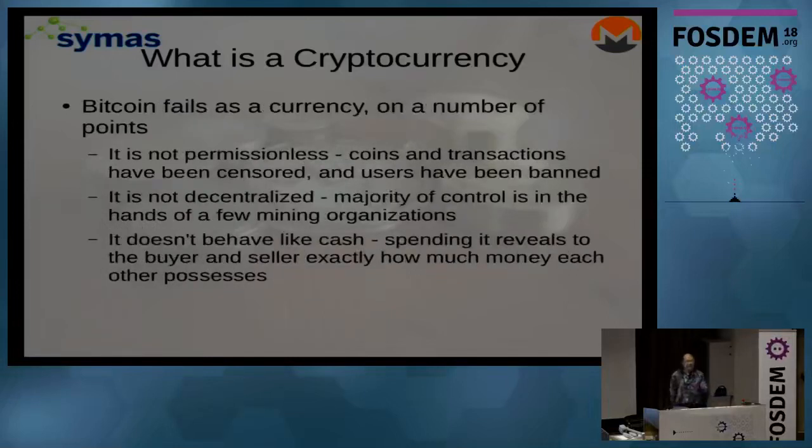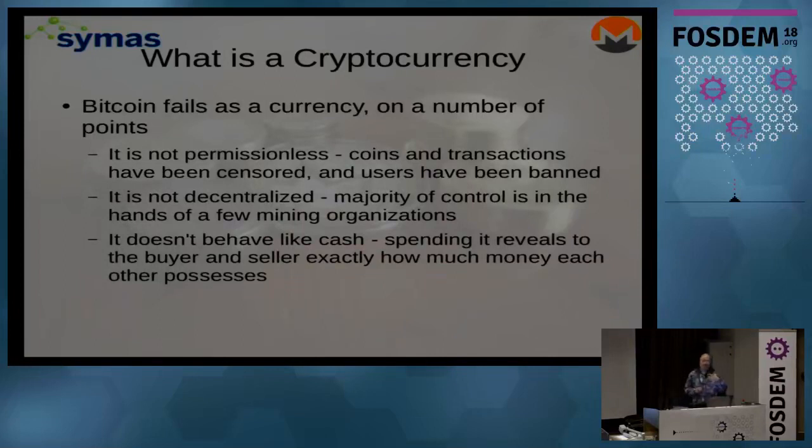Now, the reality is that Bitcoin fails on just about all of these points. Bitcoin is not a permissionless system. If you look around at the businesses that have built up around it, many of these businesses actually censor transactions, and they can freeze user accounts for arbitrary reasons.